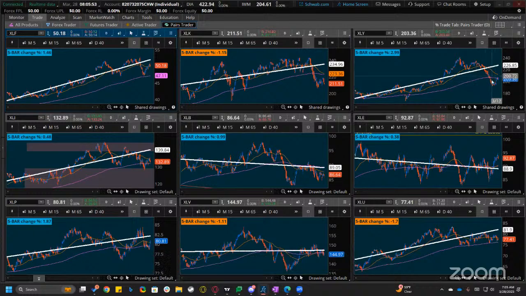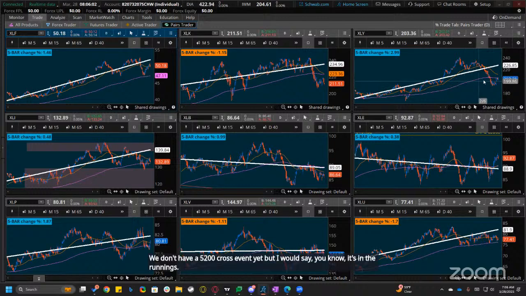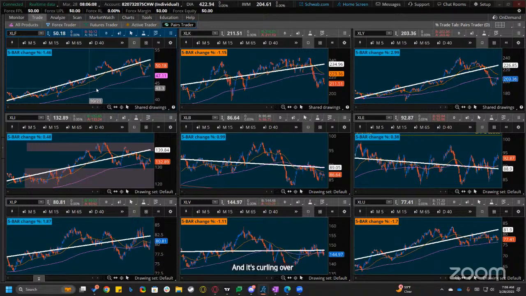We don't have a 50-200 cross event yet, but I would say it's in the runnings. Certainly not a picture of health when we're underneath the 50 and the 200 like that, and it's curling over. It's not still pointed to the upside like the financials.